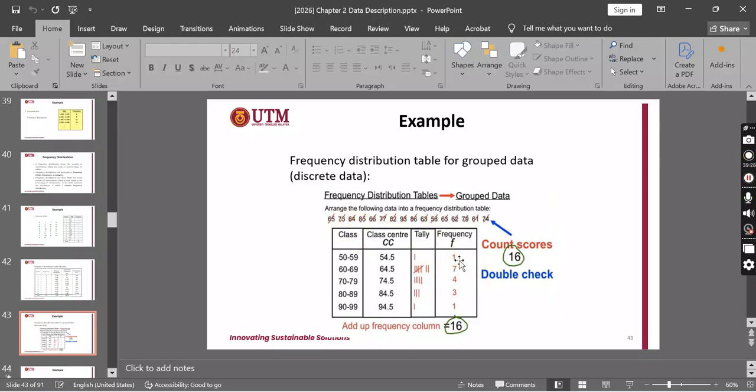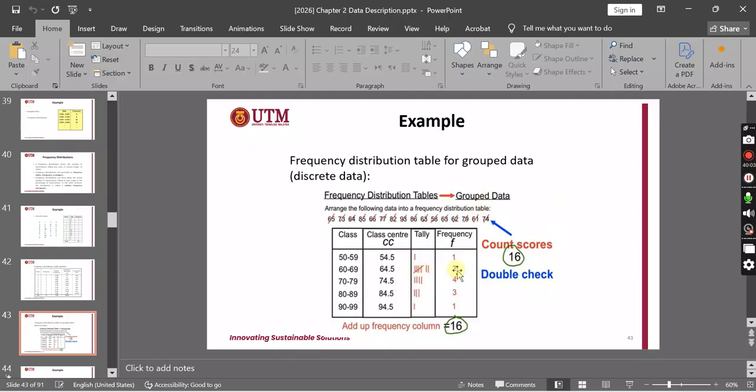We put 1. How many numbers do we have between 60 and 69? We have 7 numbers. If you count from 60 to 69: 65, this is the first number. 64, this is the second. 66, 3. 63, 4. 63 again, 62, 61.